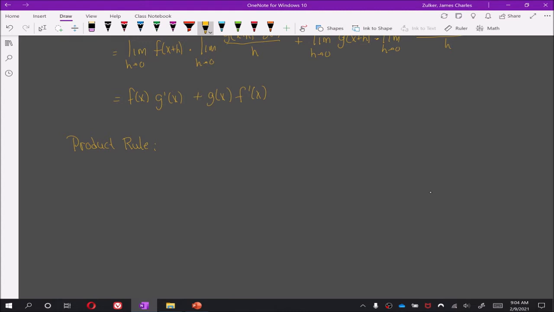So the product rule says, let f of x and g of x be differentiable functions, then the derivative of f of x times g of x is equal to f of x times g prime of x plus g of x times f prime of x.